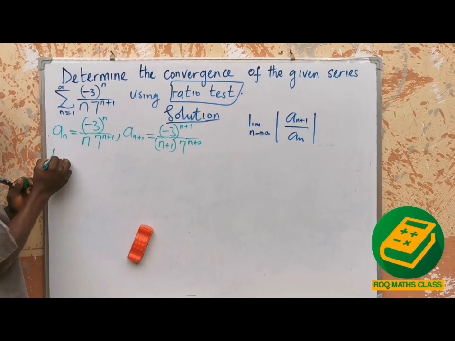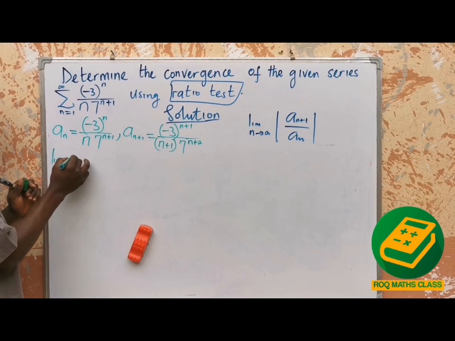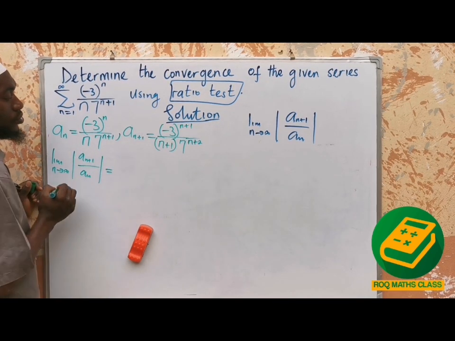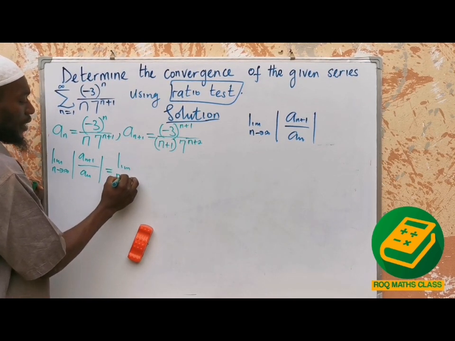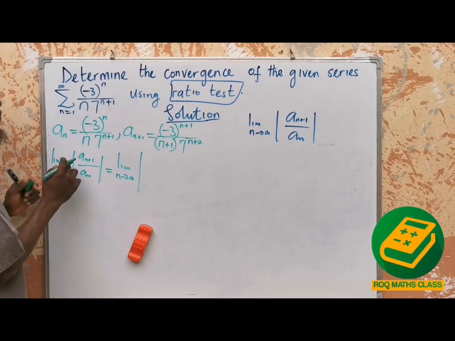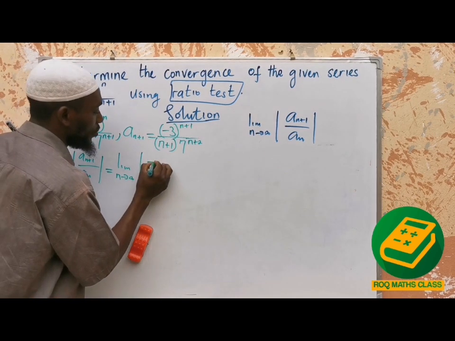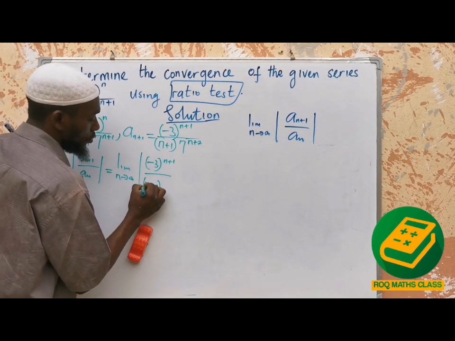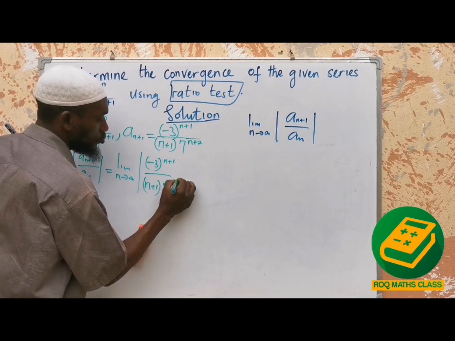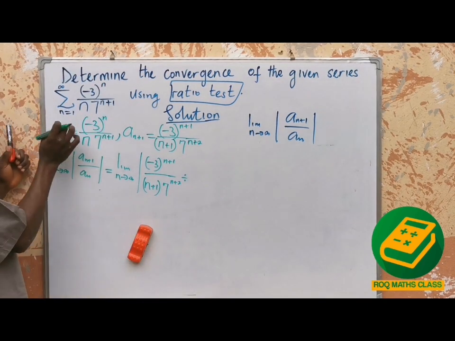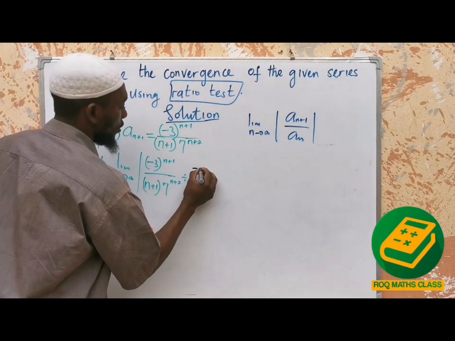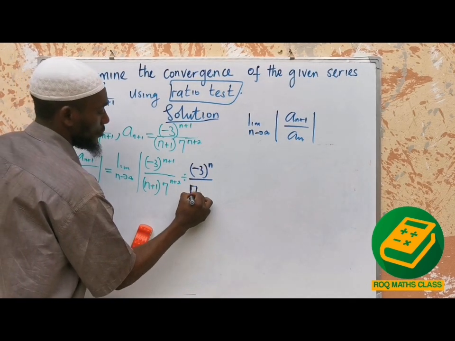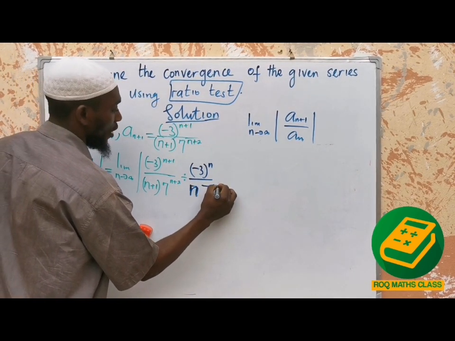So the next thing is that we take the limit as n approaches infinity of the absolute value of a_(n+1) over a_n. This is equal to the limit as n approaches infinity, where a_(n+1) is (-3)^(n+1) over (n+1) times 7^(n+2), then divided by a_n, which is (-3)^n over n times 7^(n+1).